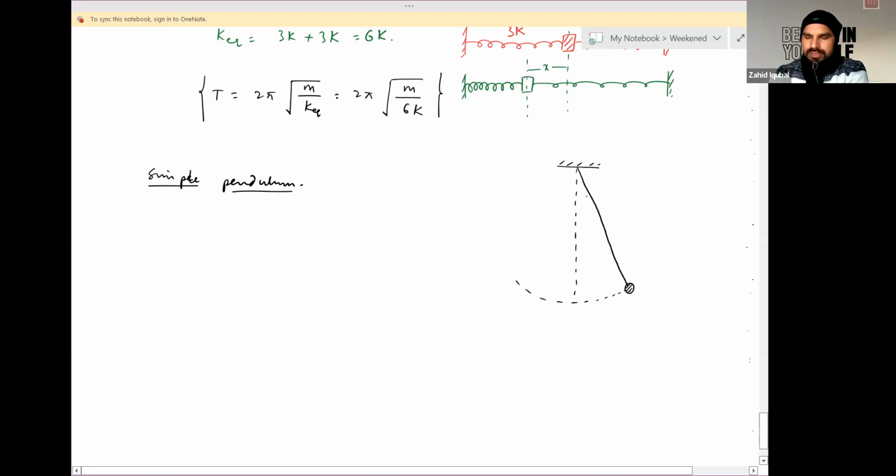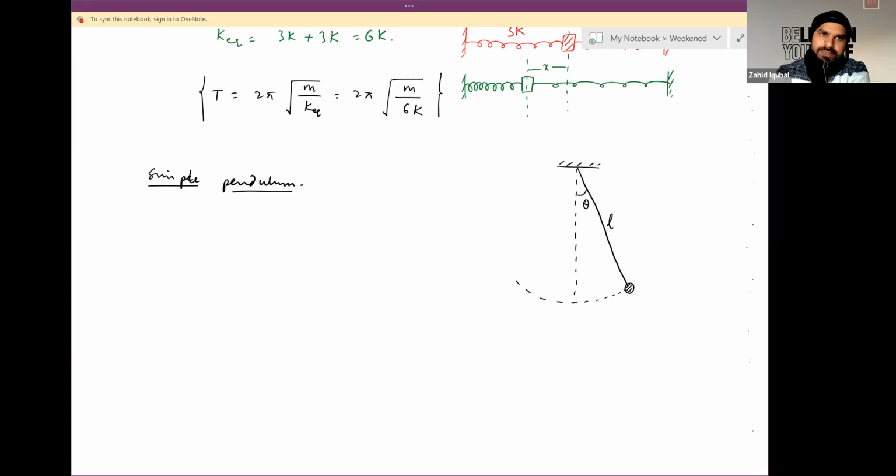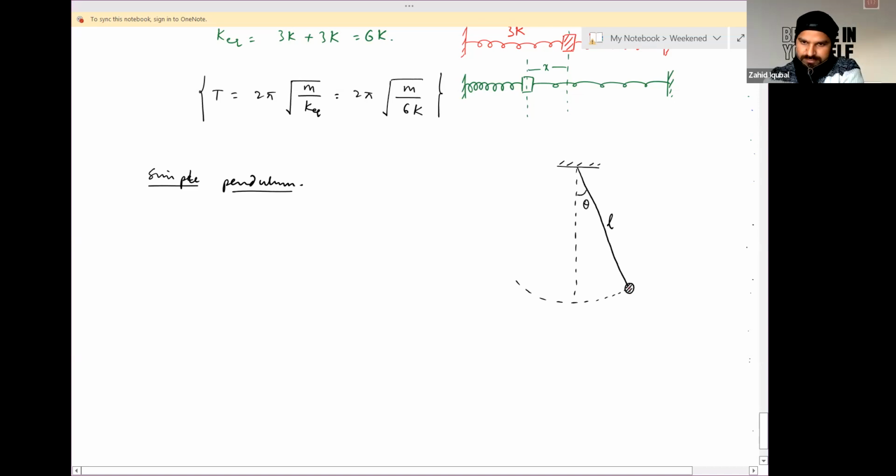So if you stretch this particular part to any one side, inclination from this part is theta, length of string is L. So it may experience gravitational force in downward direction, mg. If we extend this particular line, it will have two different components.